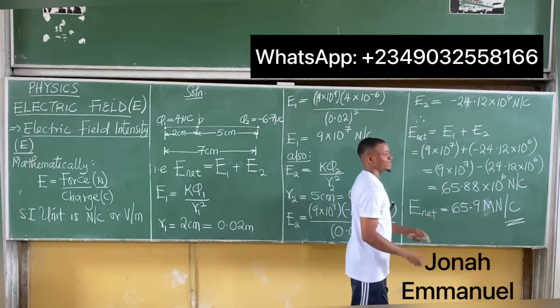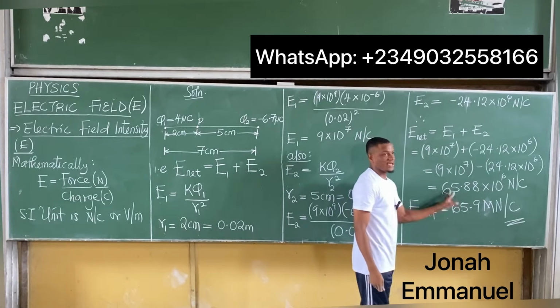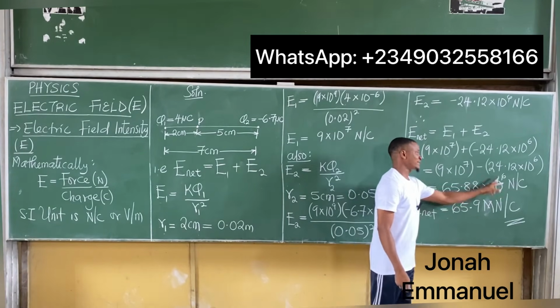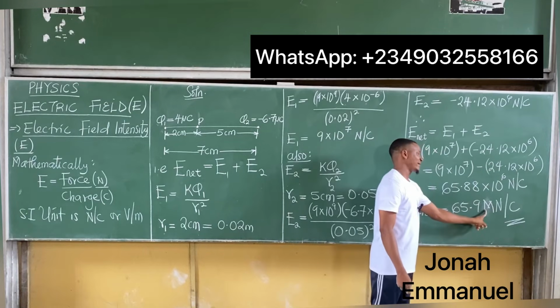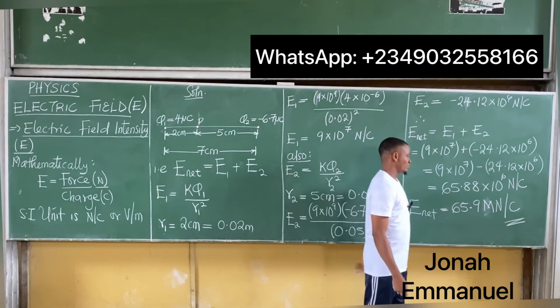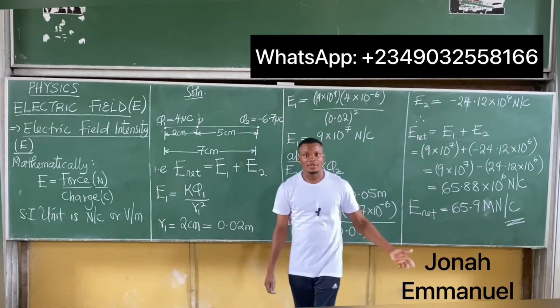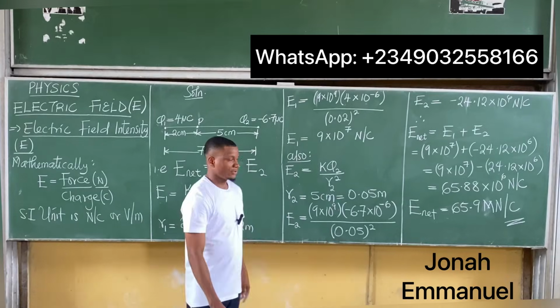These two are the same thing. If you want to, you can stop here. But 10 to the power 6 has an abbreviation, that's mega. So it becomes mega Newton per coulomb. So that's how we solve this question.